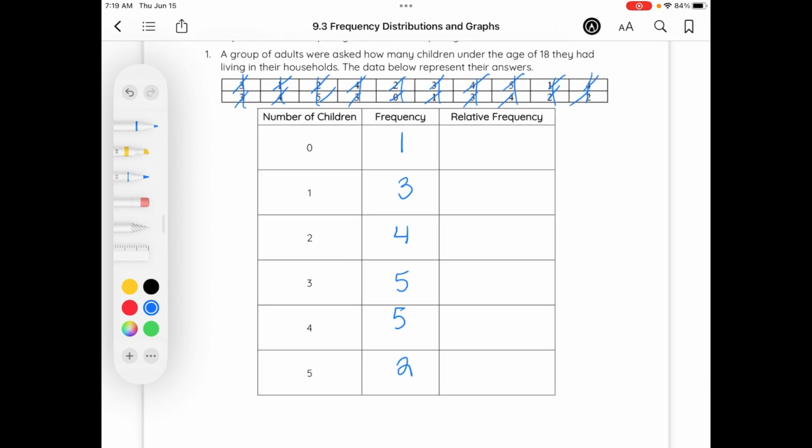So the relative frequency is the frequency divided by how many total there are. In this case, the number of children with 0 is 1/20th, or 5%.